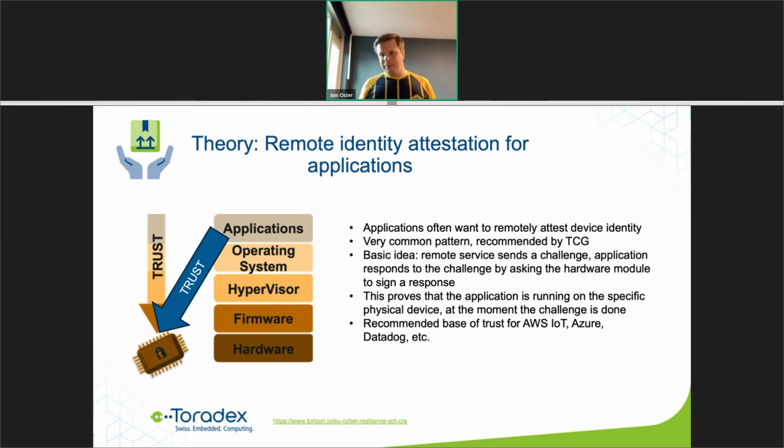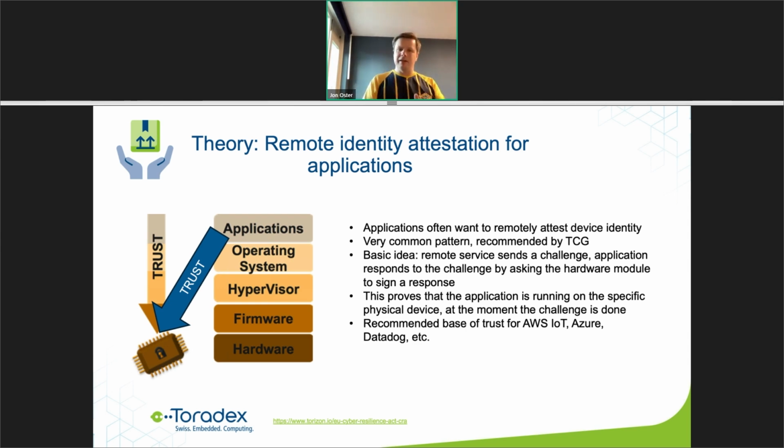This is a really common pattern. It's the recommended architecture from the Trusted Computing Group. And the basic idea is that if what you need to authenticate is proving the identity, the authenticity of the device, then you implement this pattern.